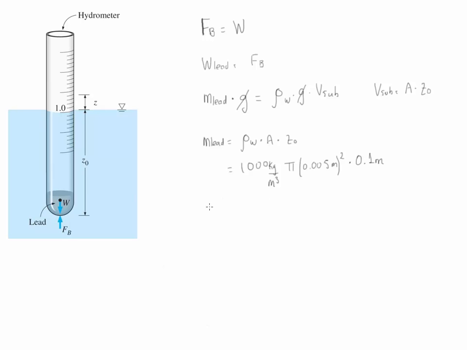If we multiply this out, we find that the mass of the lead is going to be equal to 0.00785 kilograms. Please make sure to go back and calculate all these values and understand the purpose of a hydrometer.